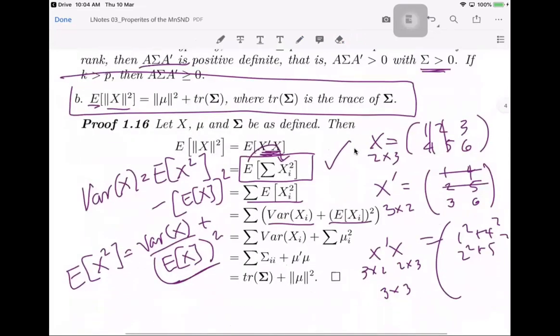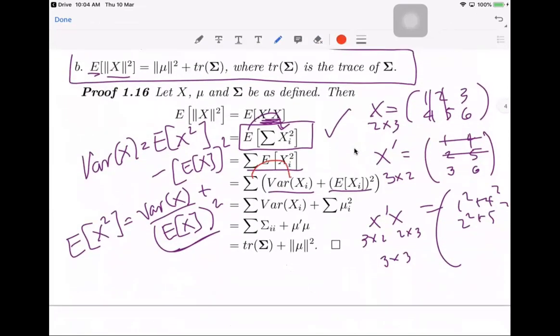And then, distributing the summations, the expectation of x i is mu i, and then you square that. So that is the summation of mu i squared, and then the summation of the variances.